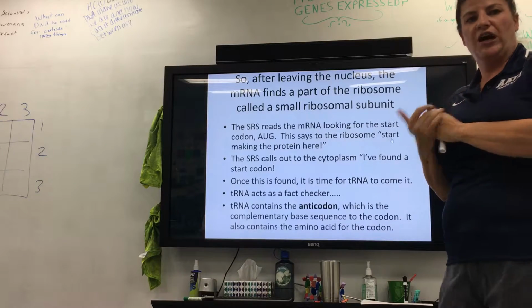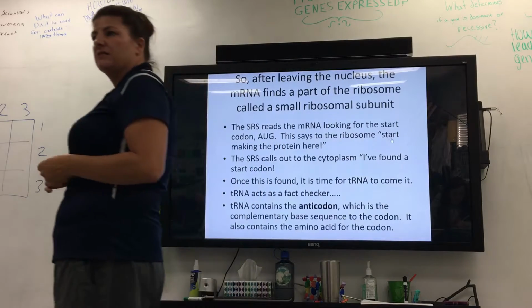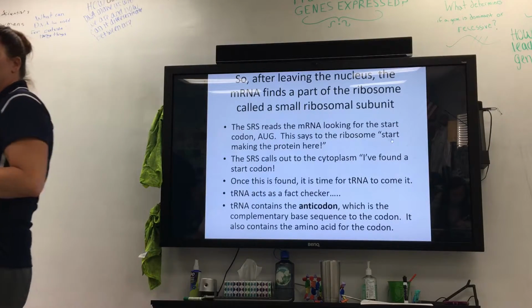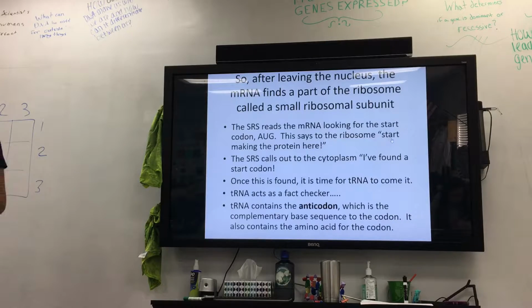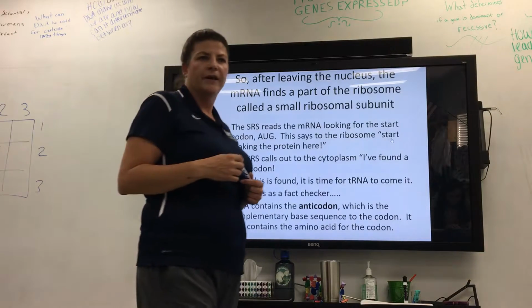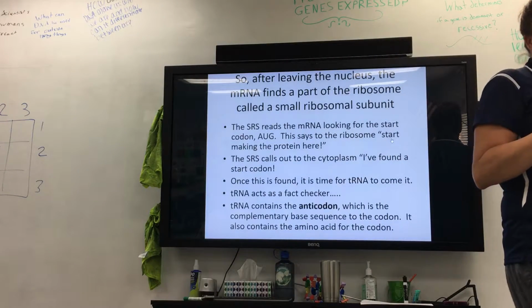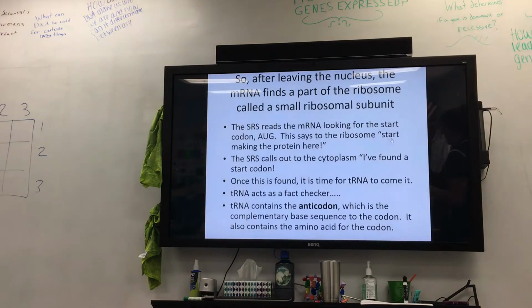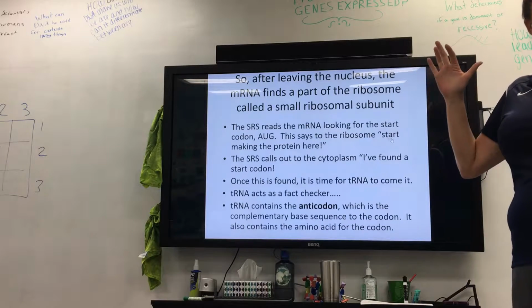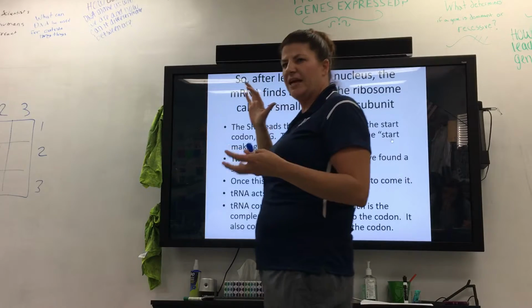Transfer RNA's job is to carry in the amino acids that the ribosome needs. So there is a transfer RNA for every single codon. There are multiple transfer RNAs for a given amino acid, but there is a transfer RNA just for AUG. And it has methionine on it, the amino acid for AUG.